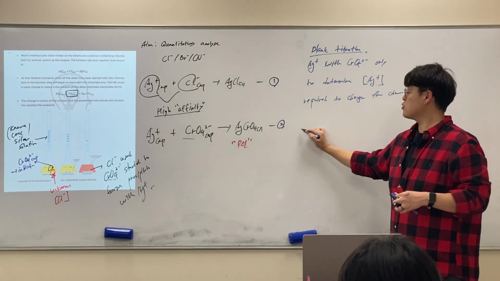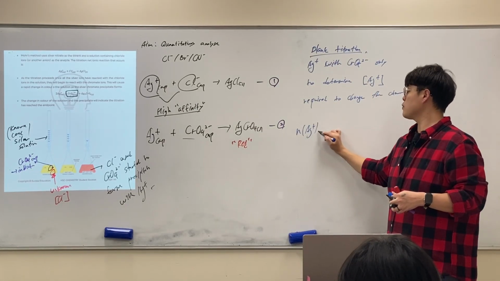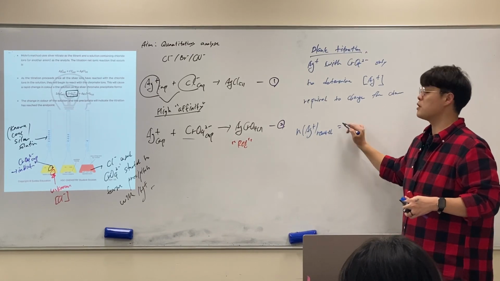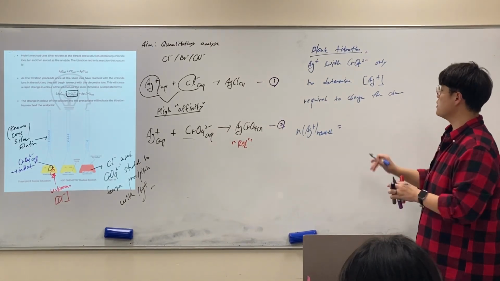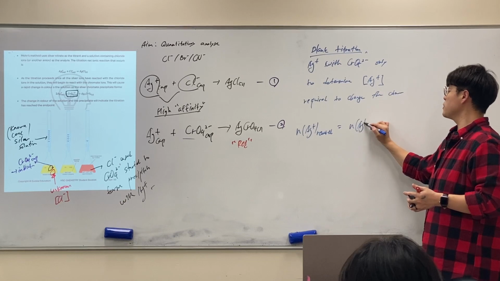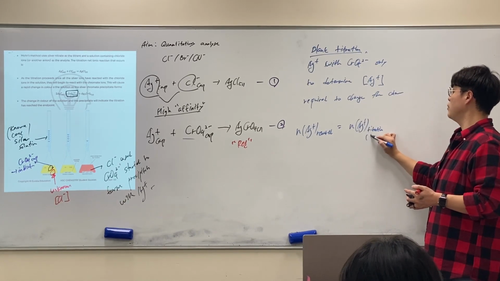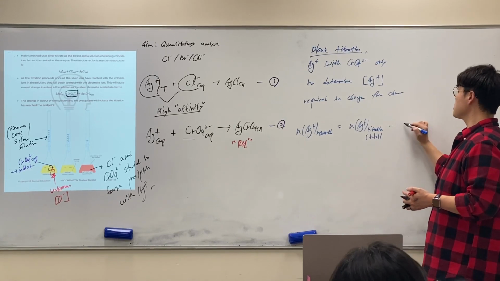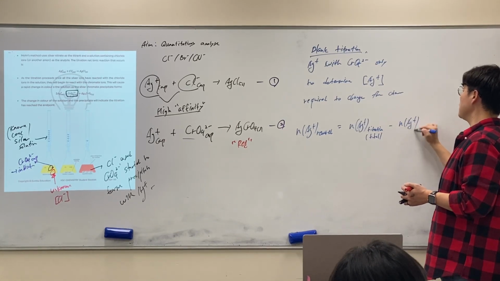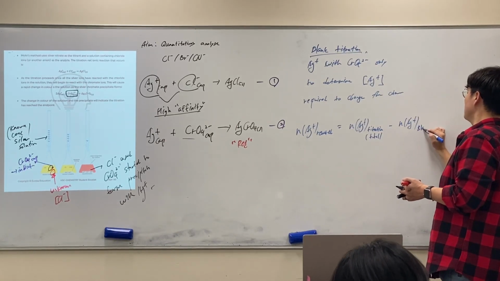So the actual amount of silver that reacted is found by taking the silver from the titration, the silver that you used in the titration, which is the total, minus the amount of silver that you found in the blank titration.